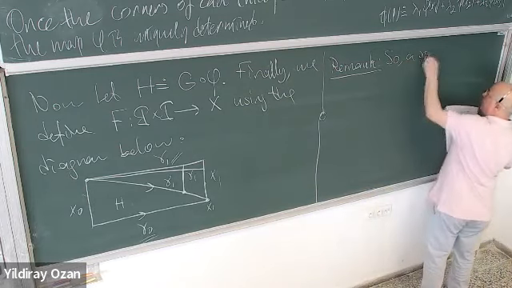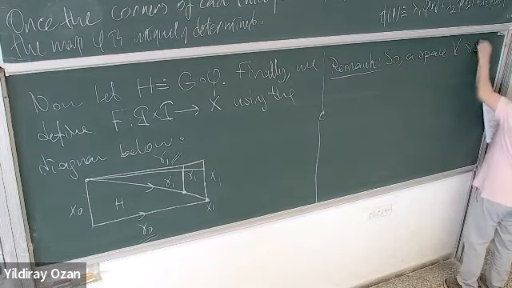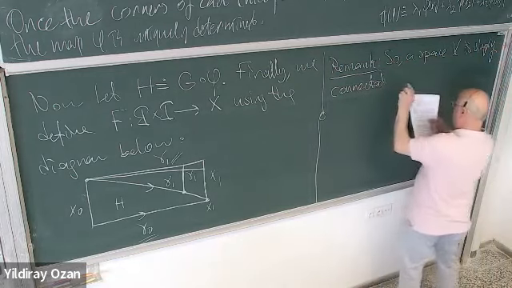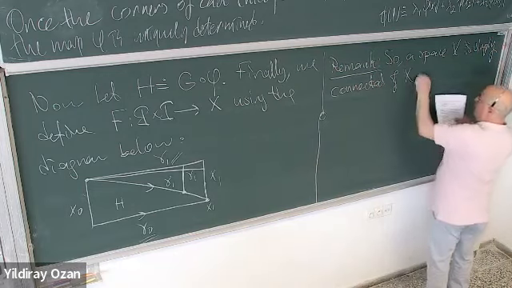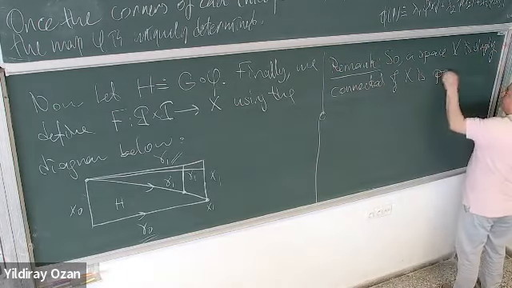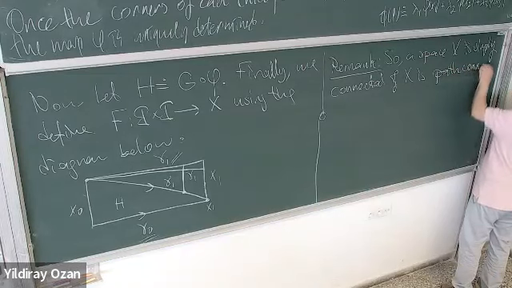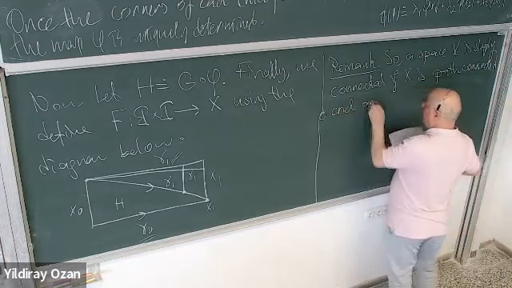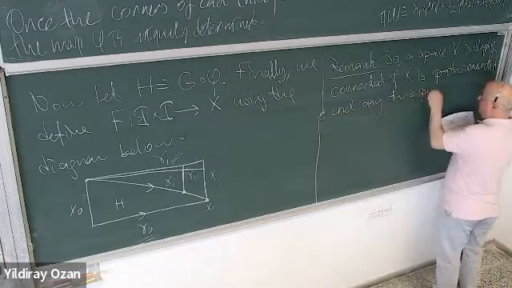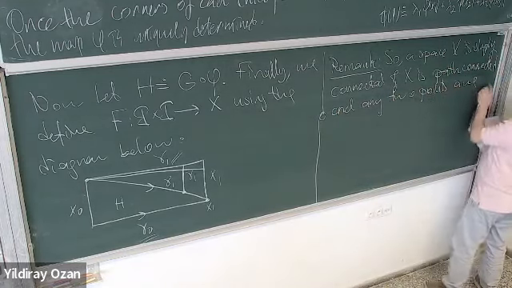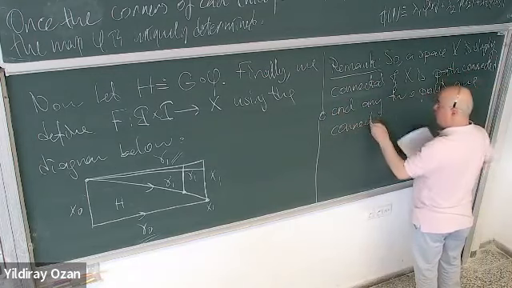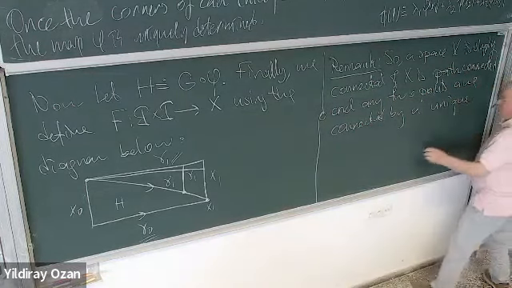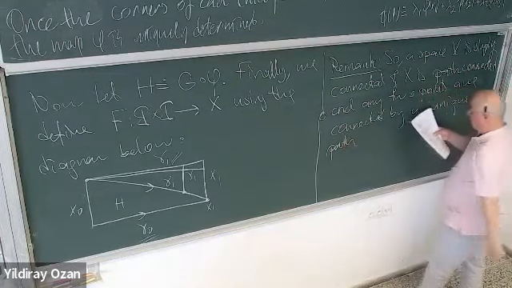So a space X is simply connected if X is path connected, and any two points are connected by a unique path up to homotopy.